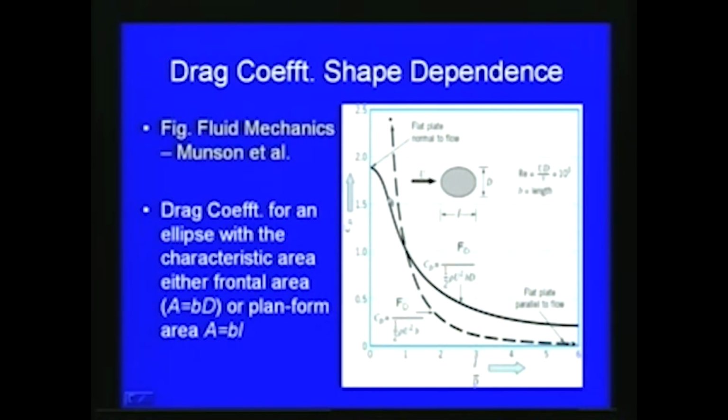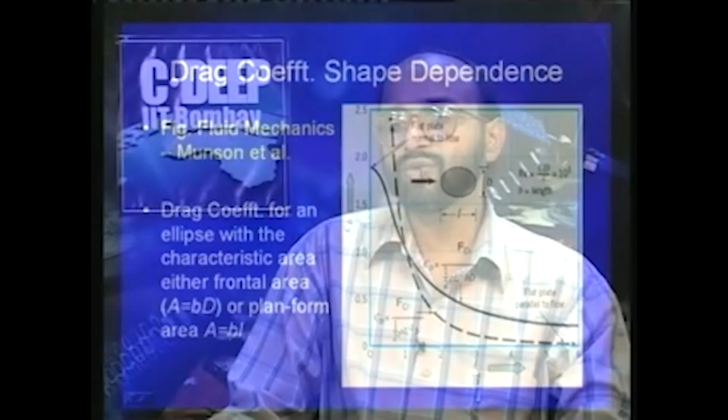Similarly, this figure shows an ellipse of this shape. You can see how the variation takes place, given as CD equal to FD by half rho u square B, depending on which way we take, either the planform area or the frontal area of the ellipse.